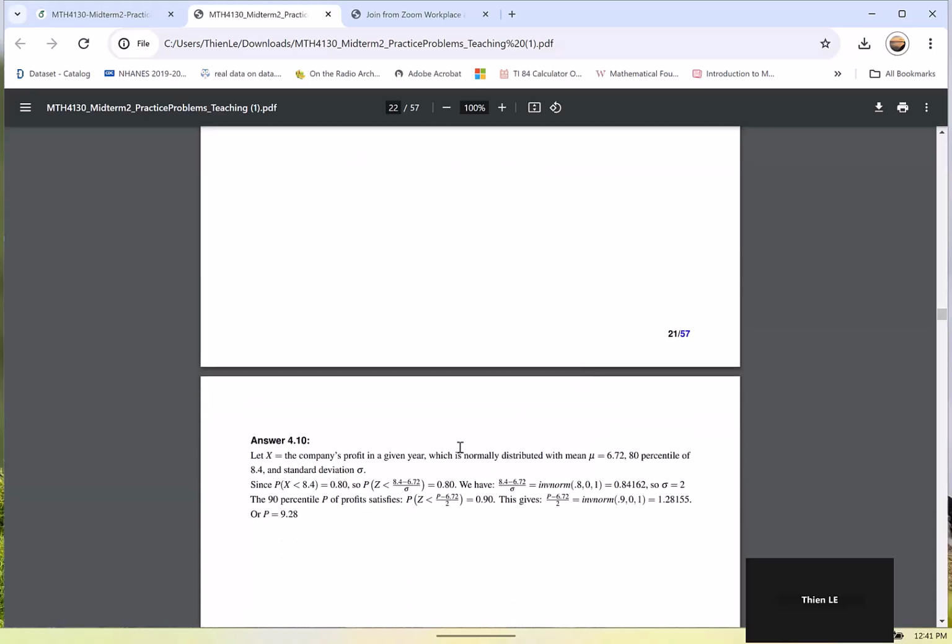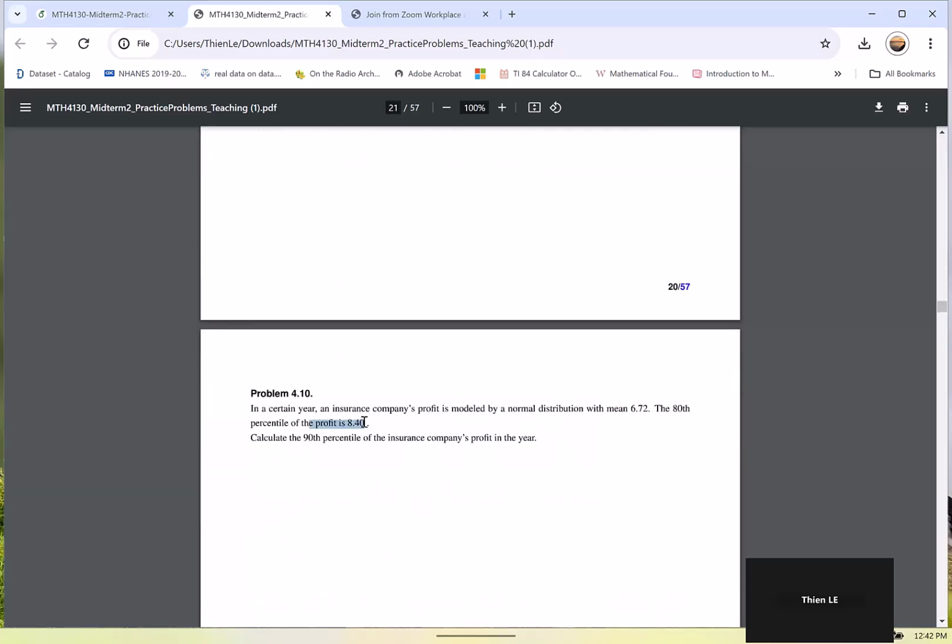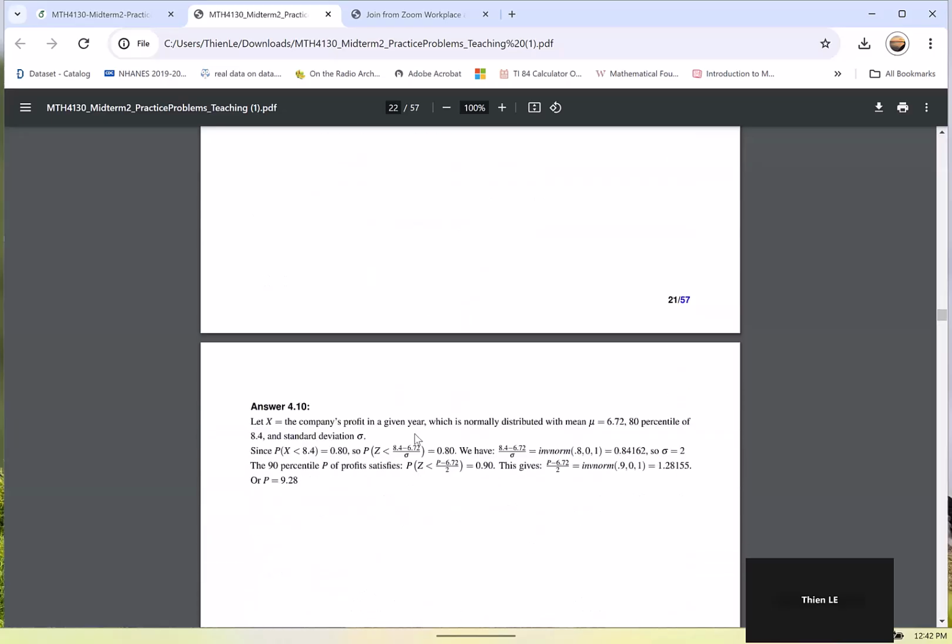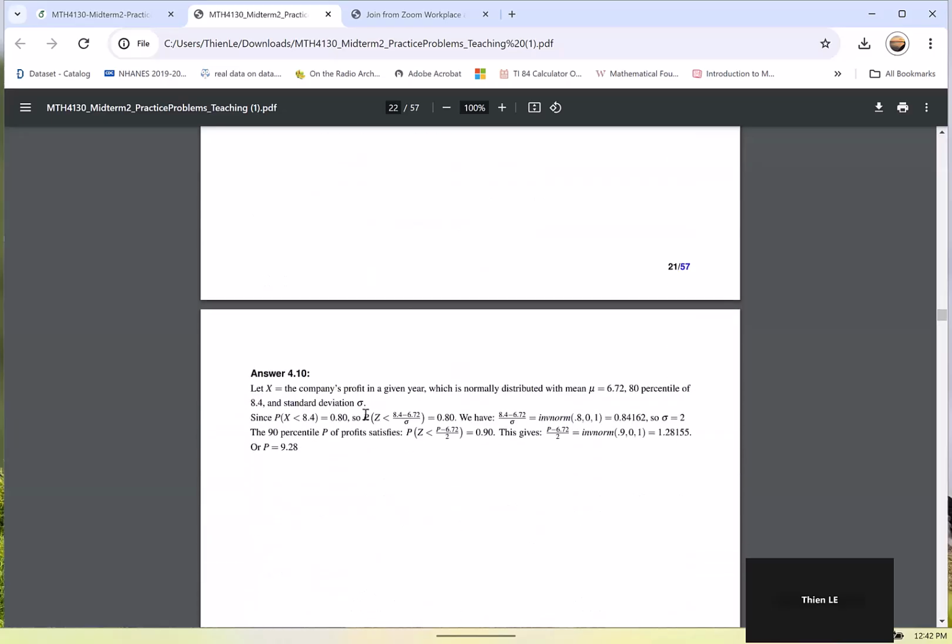If x is the company profit in a given year, x follows a normal with the mean. And we don't have the standard deviation yet, right? But we know that the 80th percentile is 8.4, right? So this is what it gives us. Because you don't have the standard deviation, you need to calculate it to specify x. You want to find sigma.